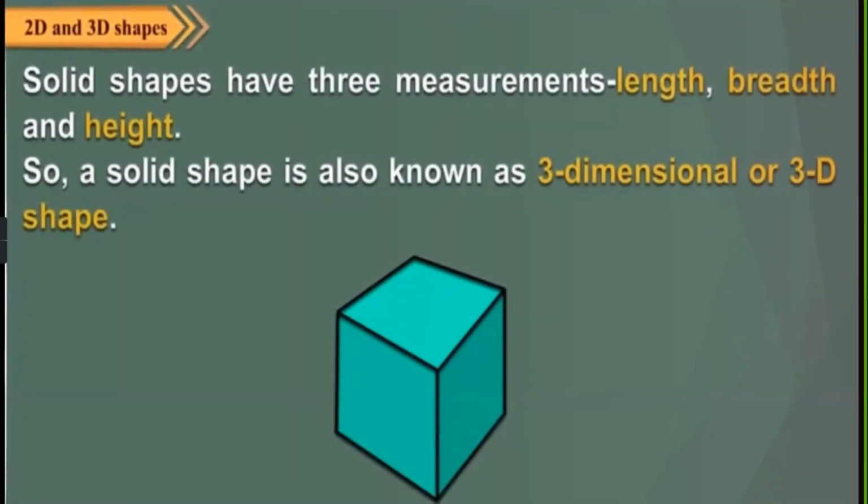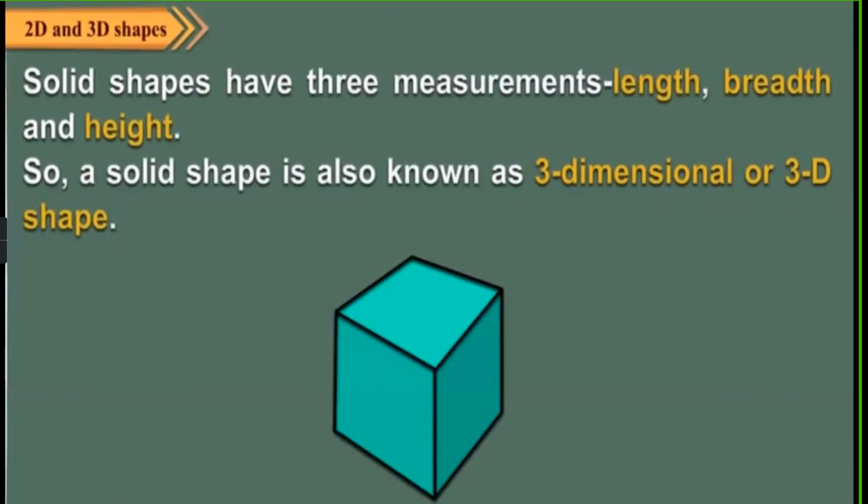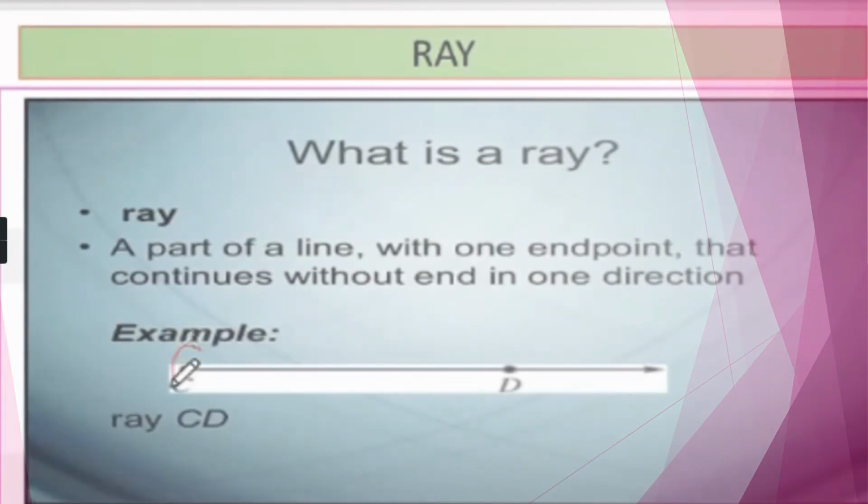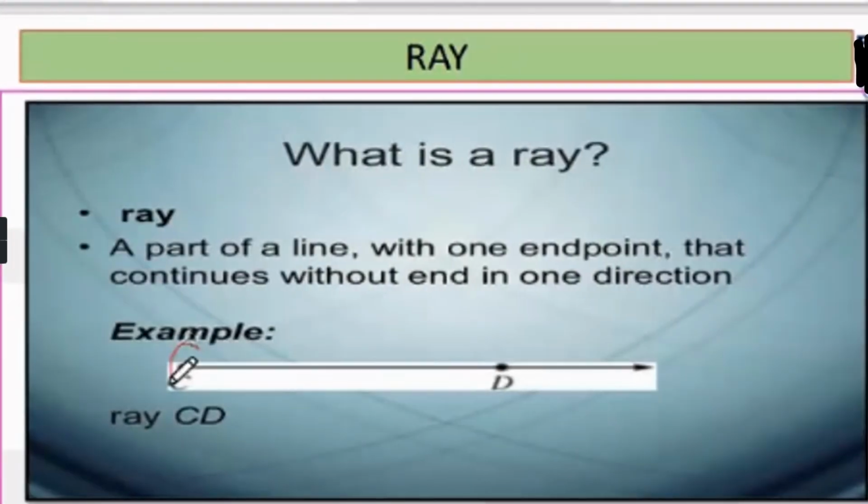Now let me tell you the measurements. Solid shapes have 3 measurements: length, breadth, and height. So a solid shape is also known as three-dimensional or 3D. Now let me tell you certain terms, like ray. What is a ray?